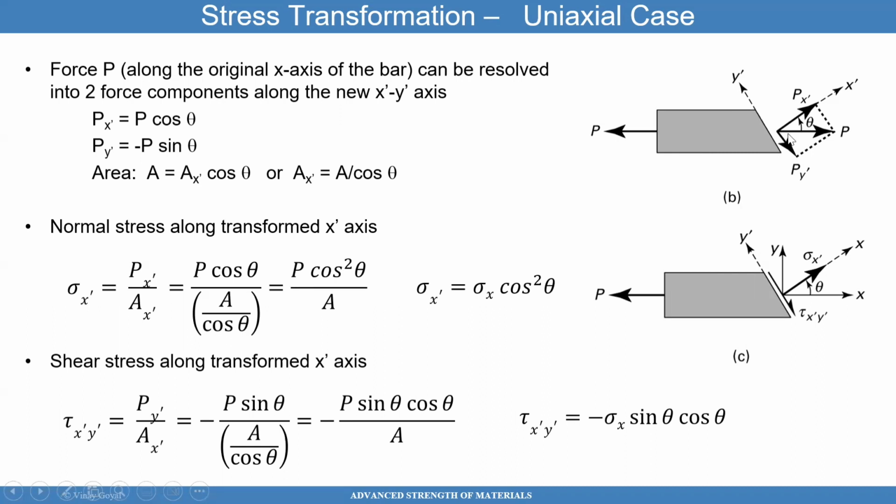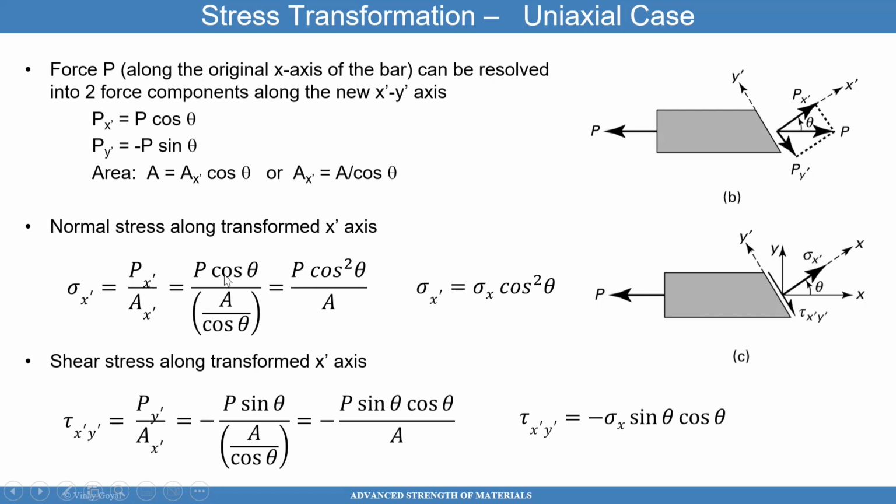But what is stress? Stress is the force P that's acting normal to this surface, P divided by the area, but the area is A divided by cosine theta, while this P here is P cosine theta. So I know P cosine theta. I know this slanted surface, which is A divided by cosine theta.